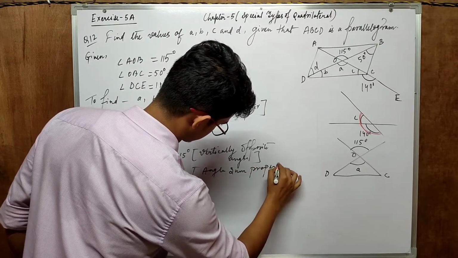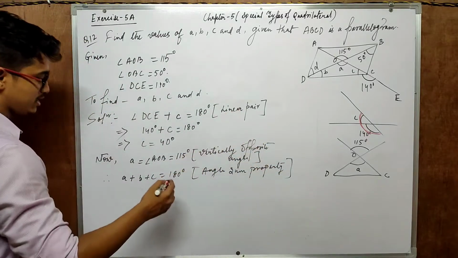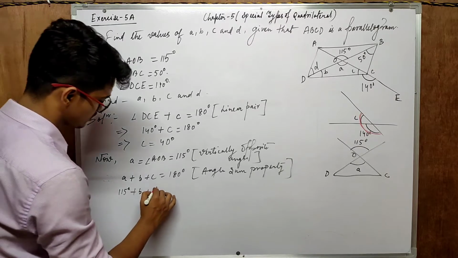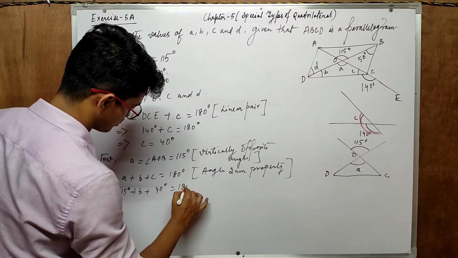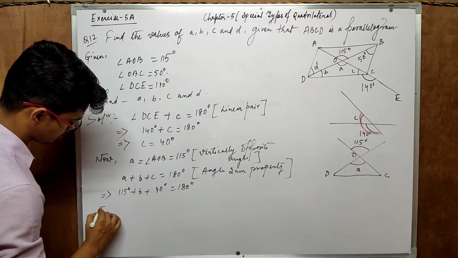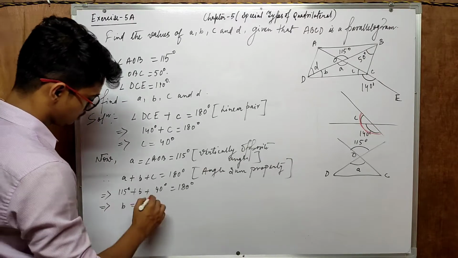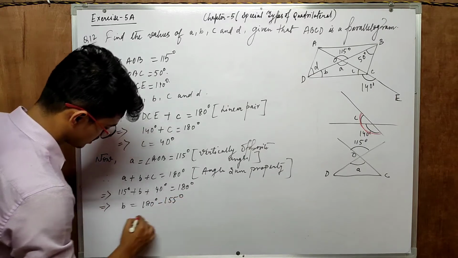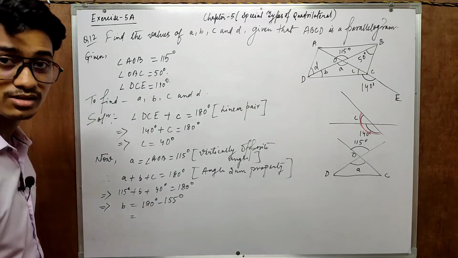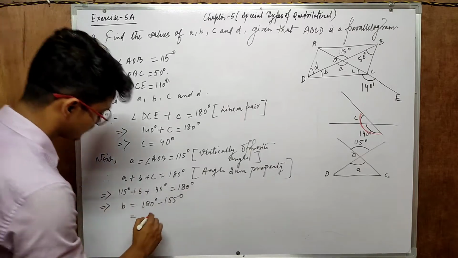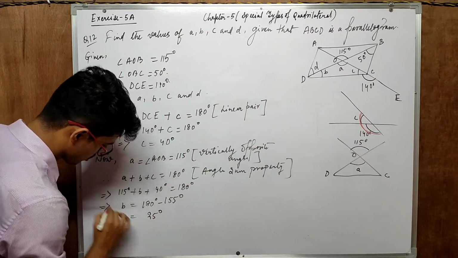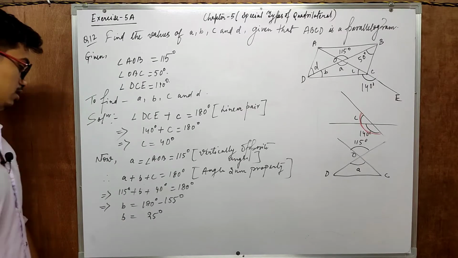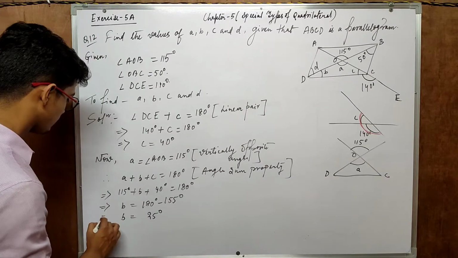We need to find B. A is given, A is 115 degrees, plus B, plus C is also given, that is 40 degrees, equals 180 degrees. So B is nothing but 180 degrees minus 155 degrees, which is equal to 25 degrees. So B equals 25 degrees. Is it clear? Alright, fine.